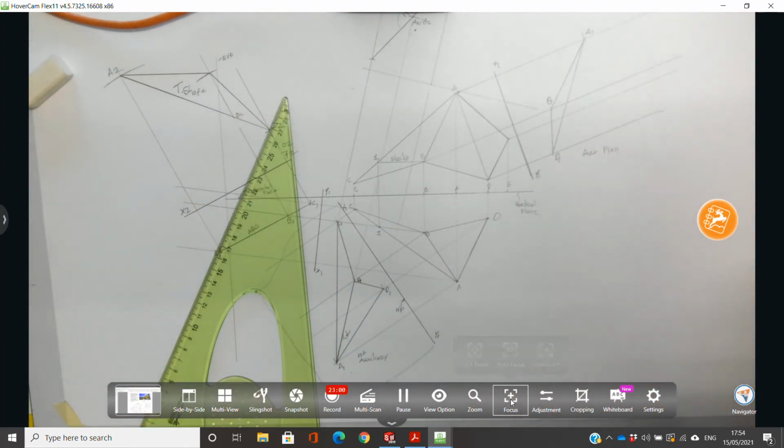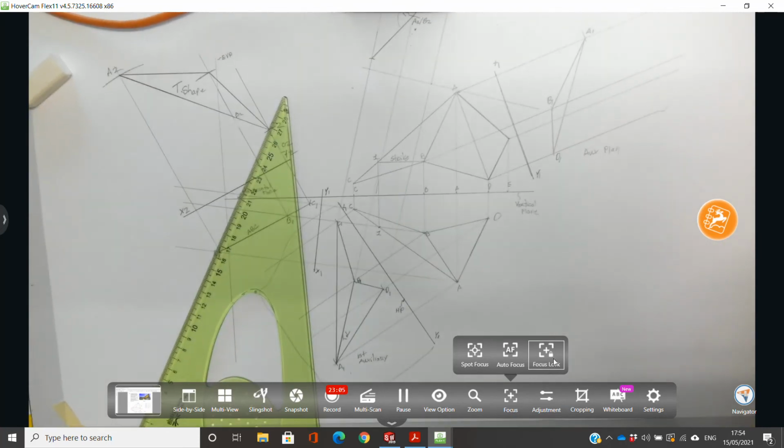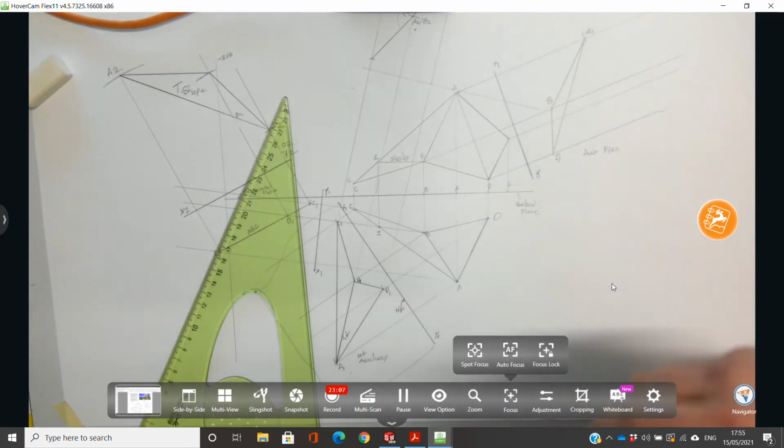So in order to get that to project as a point, we need to look along that line of intersection, its true length.